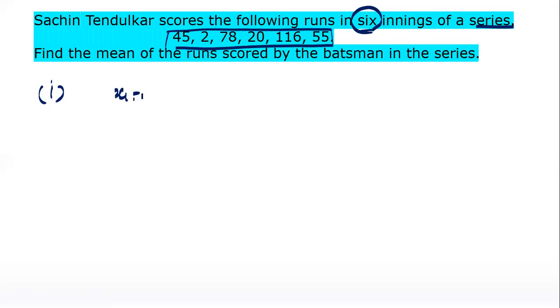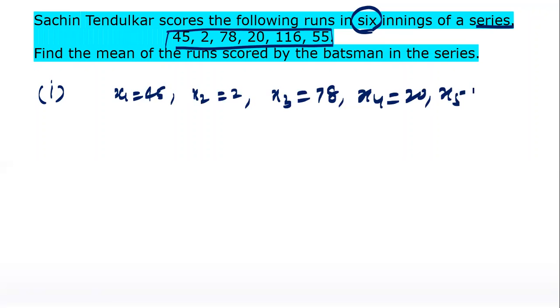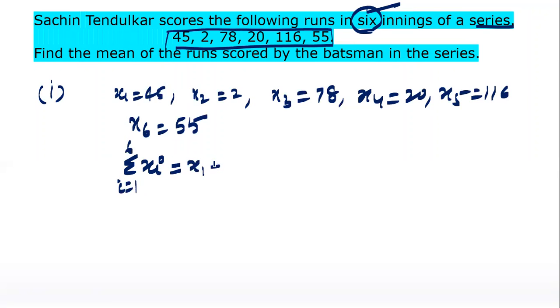Say x1 is 45, x2 is 2, x3 is 78, x4 is 20, x5 is 116, x6 is 55. 6 innings. So the sum, summation xi, i varies from 1 to 6, is x1 plus x2 up to x6.